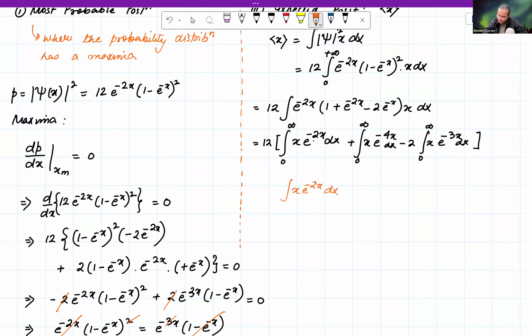The standard integral of x e⁻²x dx from 0 to infinity will come out to be 1 by 4, and the standard integral from 0 to infinity of x e⁻⁴x dx will come out to be 1 by 16, and x e⁻³x will come out to be 1 by 9.